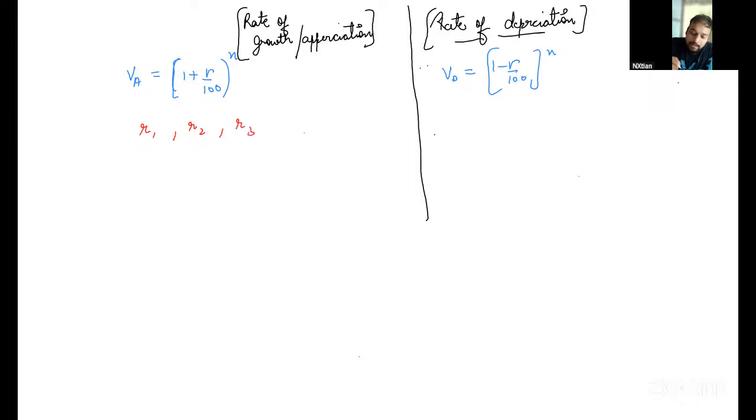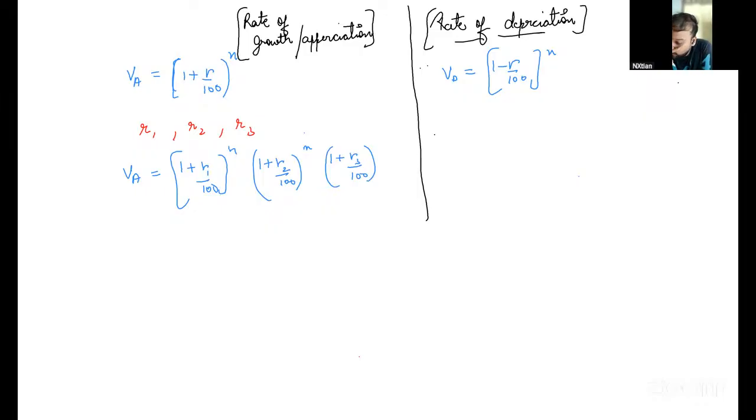If three or more rates are there, the formula will become VA = (1 + R1/100) × (1 + R2/100) × (1 + R3/100). If different rates are given, that's the formula for it.